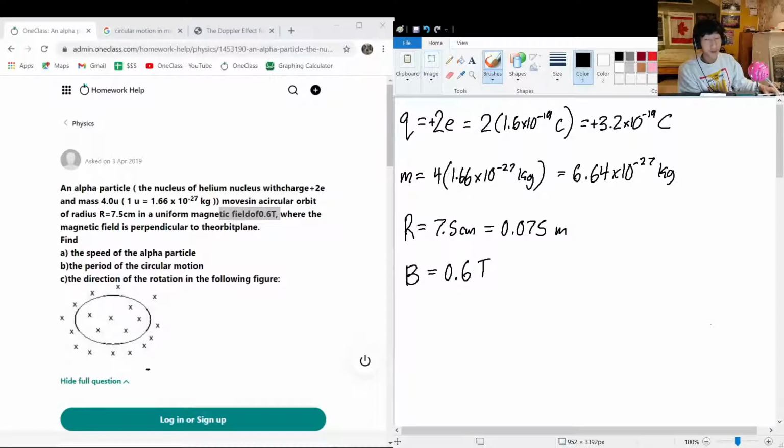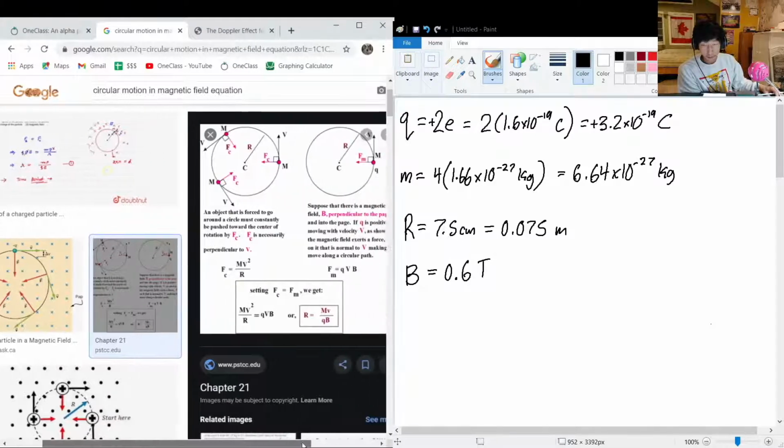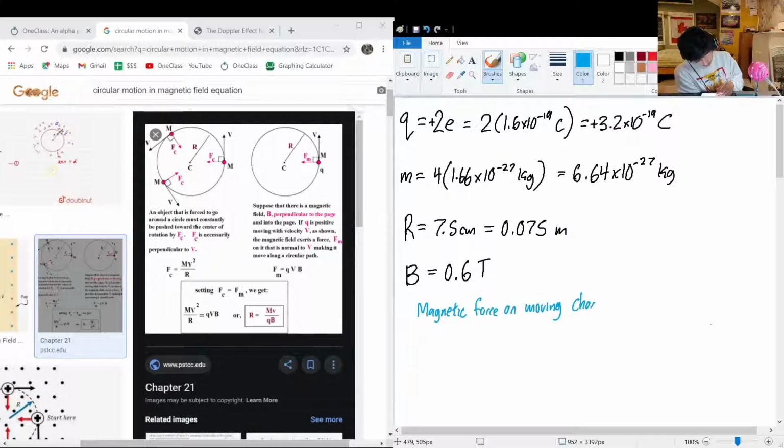Now let's actually look up some more things about the circular motion of stuff, because we know that the force from the magnets, make this a different color to show that we're different things. So magnetic force on moving charge, so F as a vector, so FB, and that's for magnetic force.